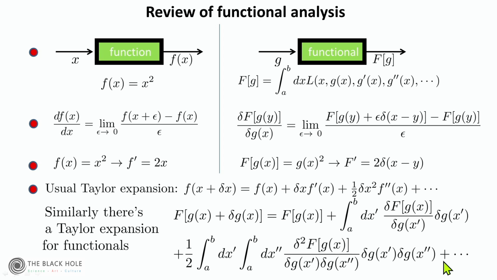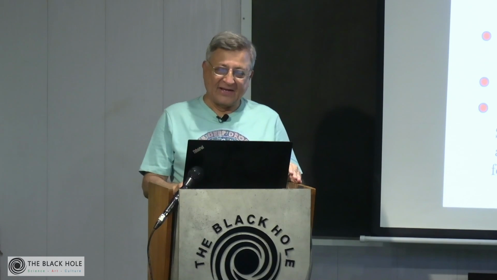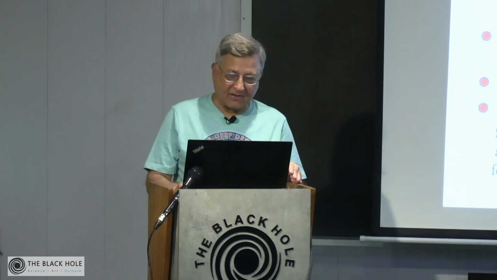So in other words, in the case of a functional, we are allowed to expand about any given function. And of course, there's a lot of mathematical rigor that needs to be addressed in such things. But we physicists like to do things simply. We are functionally oriented, and I mean that as a pun.